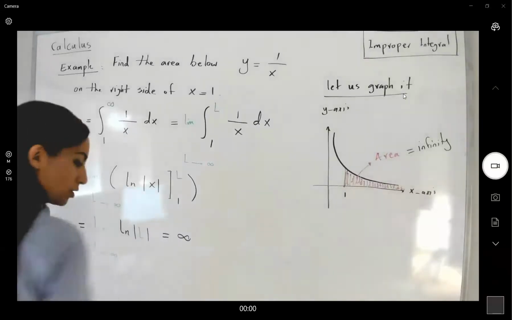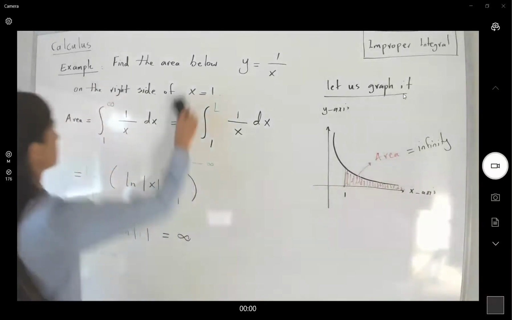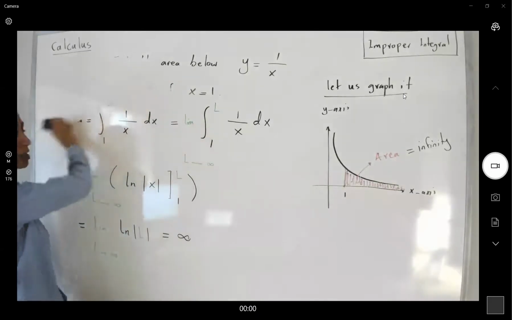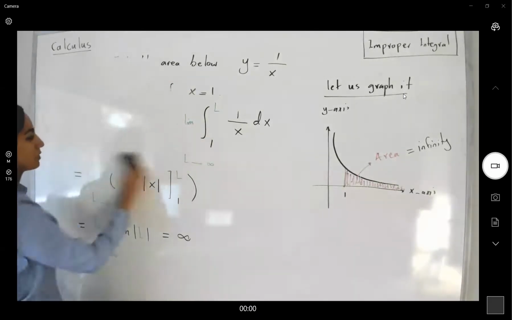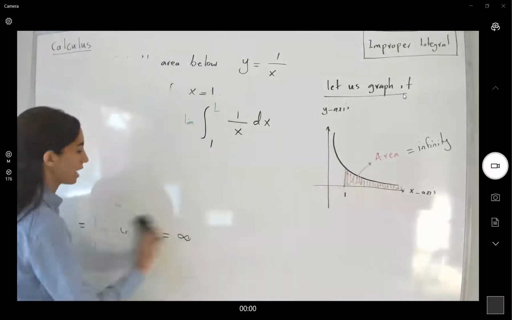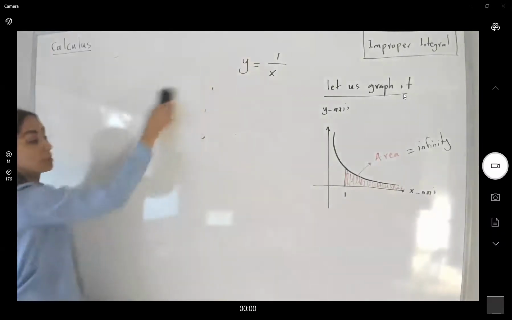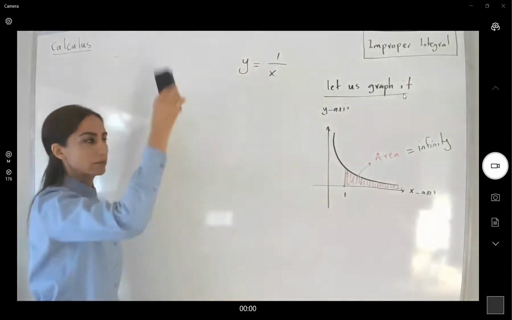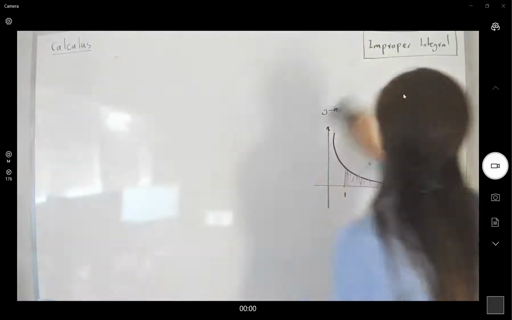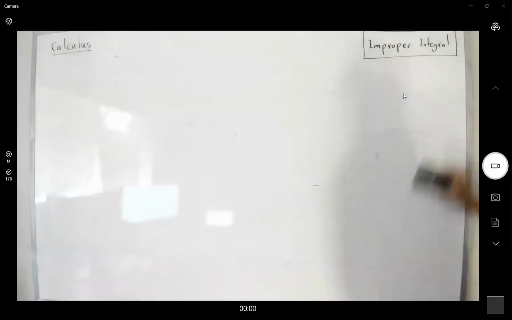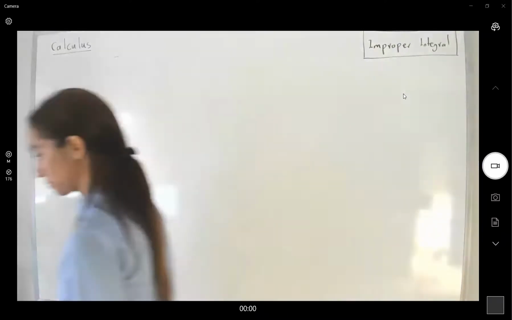So when it comes to improper integrals, we're dealing with two types of integrals. If the limit exists, we say that we have a convergent integral. If the limit doesn't exist, or it's going to infinity, we're dealing with divergent integrals.